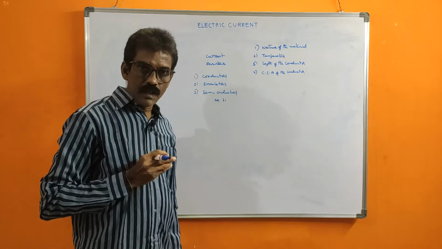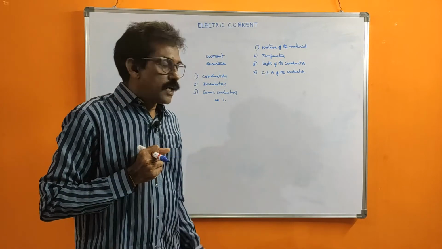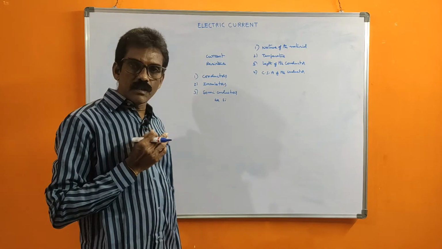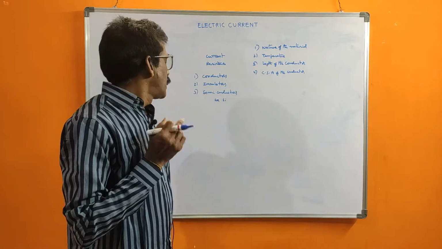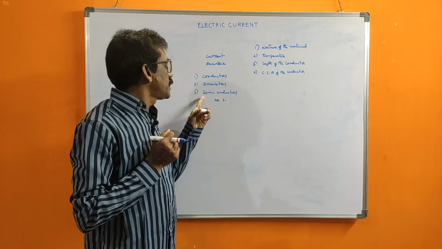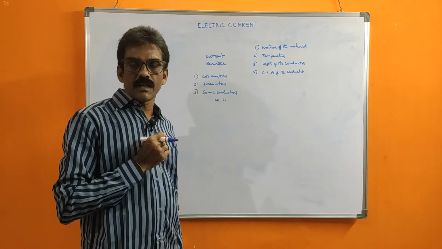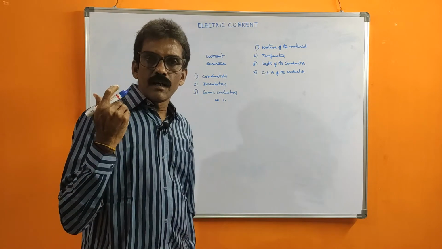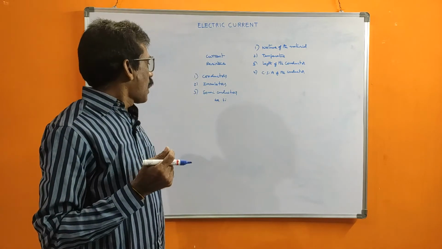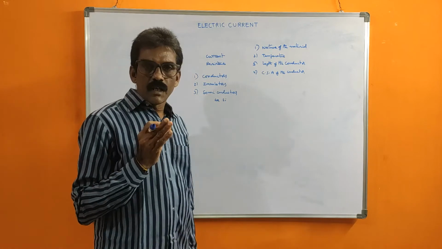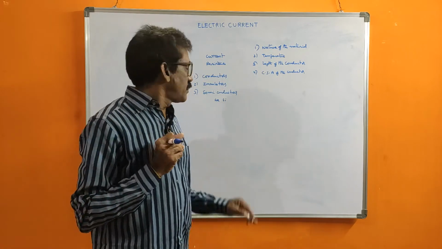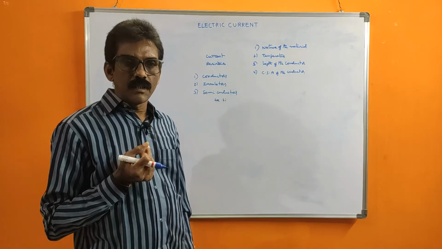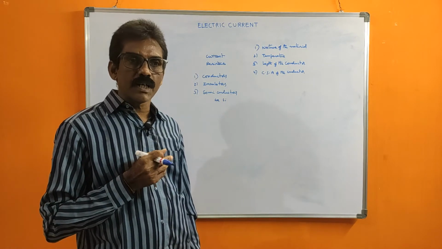The modern electronic subject depends upon semiconductors. Before the invention of semiconductors, science and technology was different. After the invention of these two materials, there was a lot of change in modern technology.